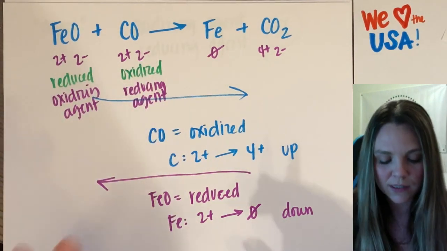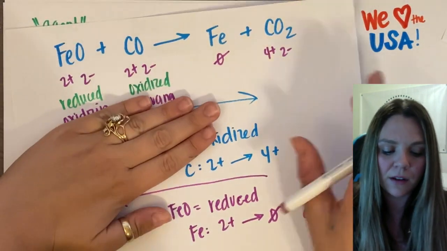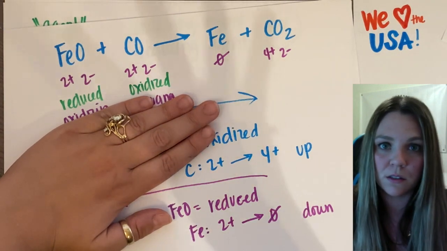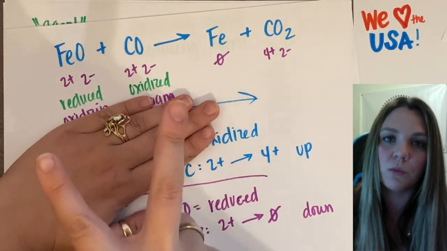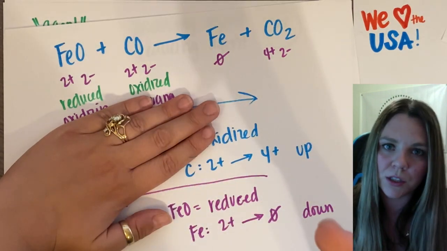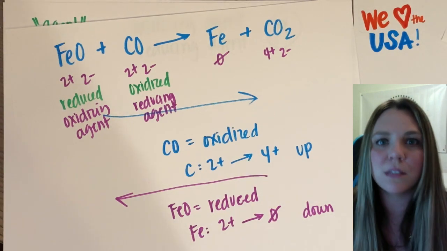So honestly, my tip to you is to just first figure out what's reduced and what's oxidized. That's key. Once you figure out which is reduced and which is oxidized, then you can just flip the terminology to figure out which one is the reducing agent or the oxidizing agent. It means the same thing.